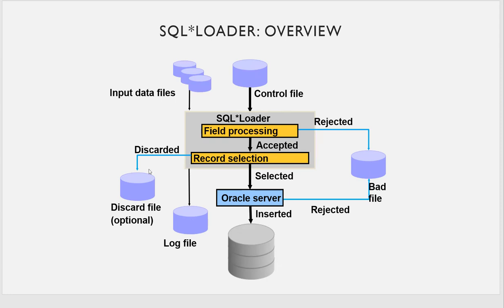After the accepted records, you can apply more filter conditions and discard some, but that is optional. The input data and the control file are mandatory, and the bad file and log file are created, and the selected records are directly bulk inserted into my database. So this is how SQL Loader works.